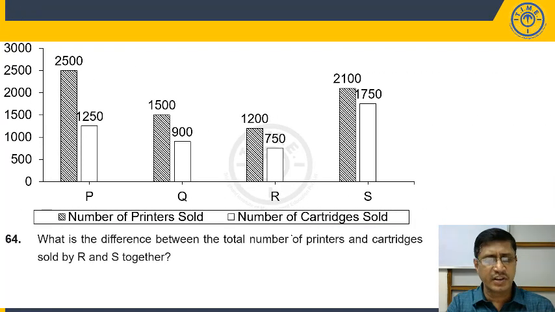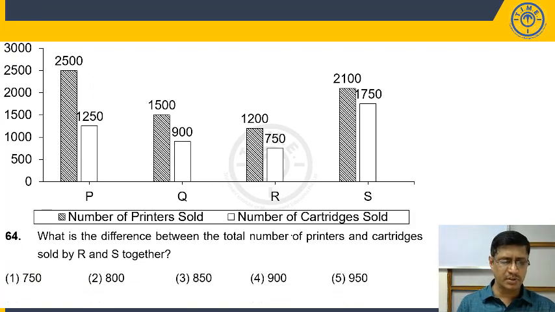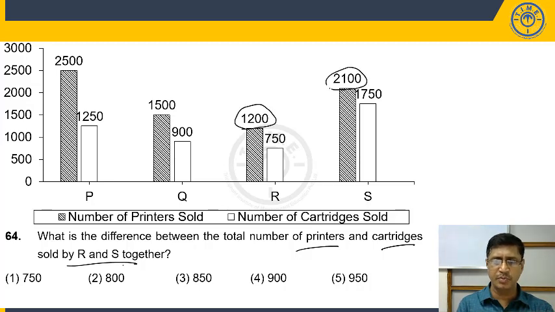Yes, my dear students, look at the next example on your screen. Question number 64. What is the difference between the total number of printers and cartridges sold by R and S together? So what is the R and S total number of printers? Total number of printers by R and S means it is 3300.